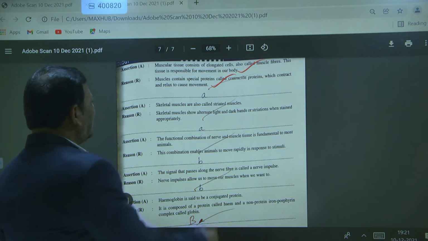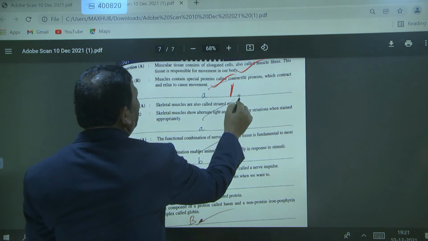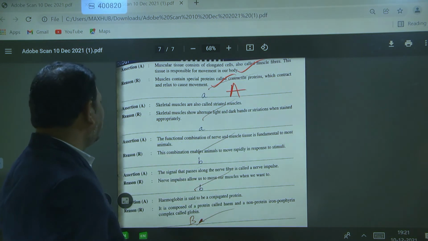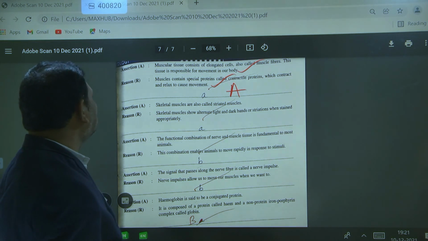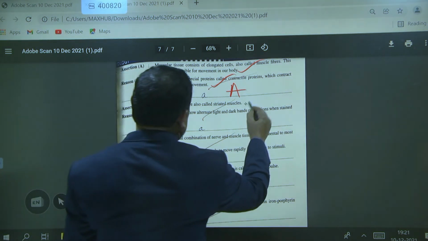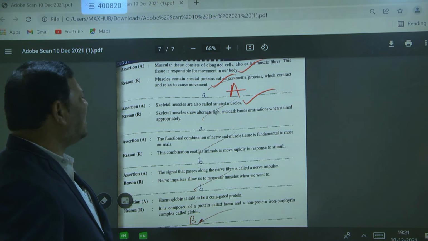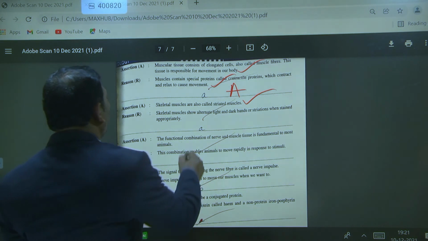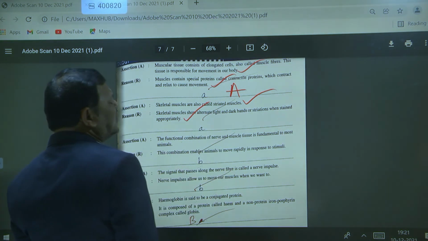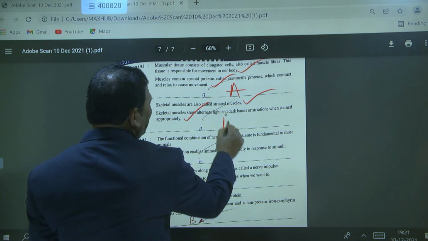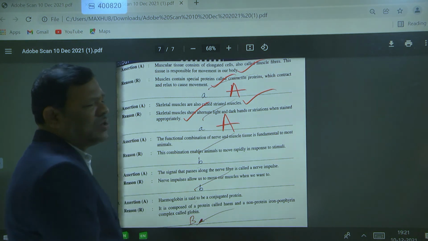So that's why option A. Next, skeletal muscle is also called striated muscle. True. And skeletal muscle shows alternating light and dark bands, or striations, when stained appropriately. So both are true, and it is the correct explanation also.